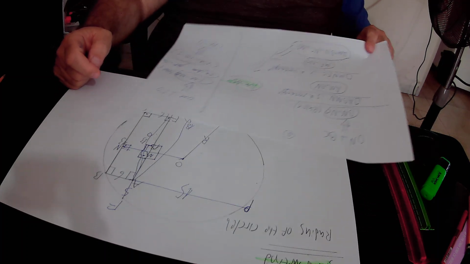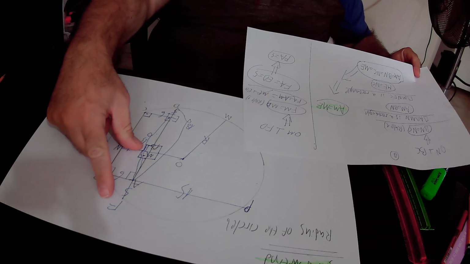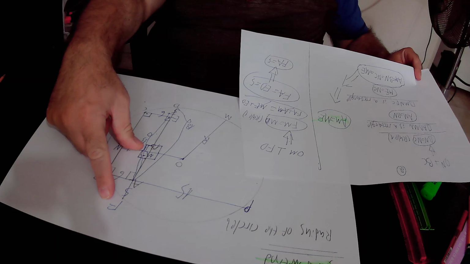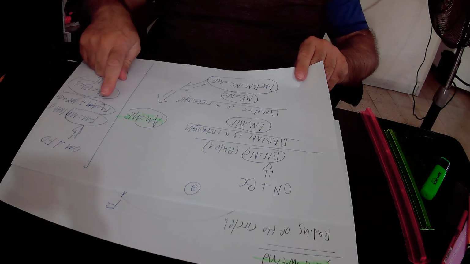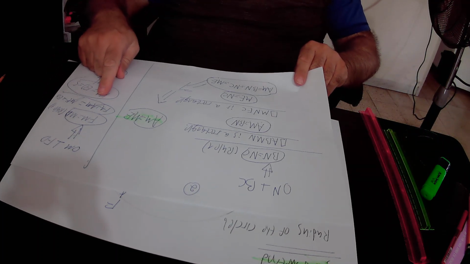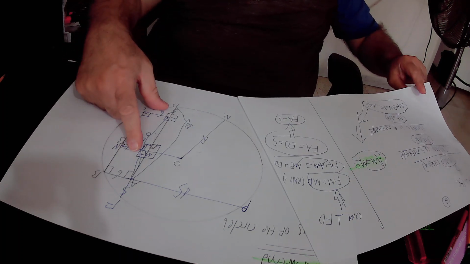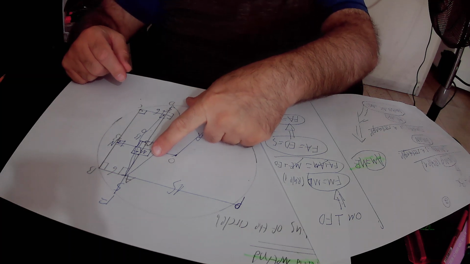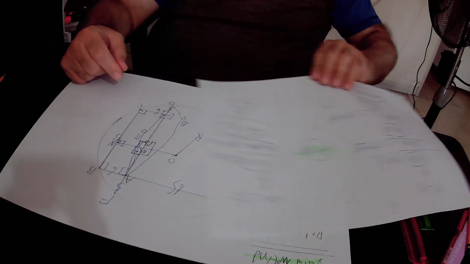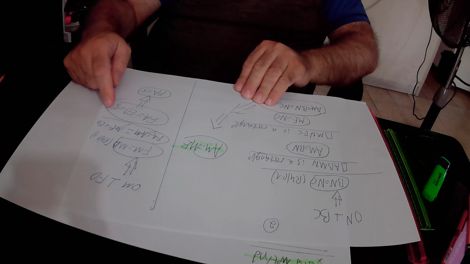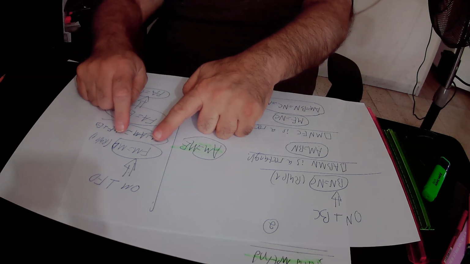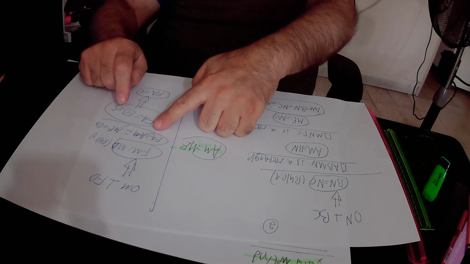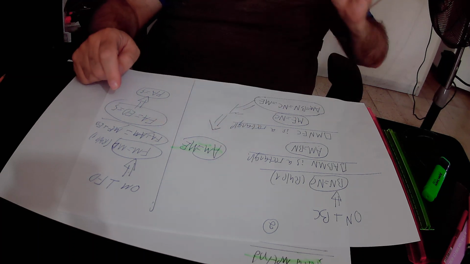So what is the value of FM? From the drawing, it is very easy to see that FM equals FA plus AM. And what is the value of MD? From the drawing, it is very easy to see that MD equals ME plus ED. So FM equals MD, it means that FA plus AM equals ME plus ED.